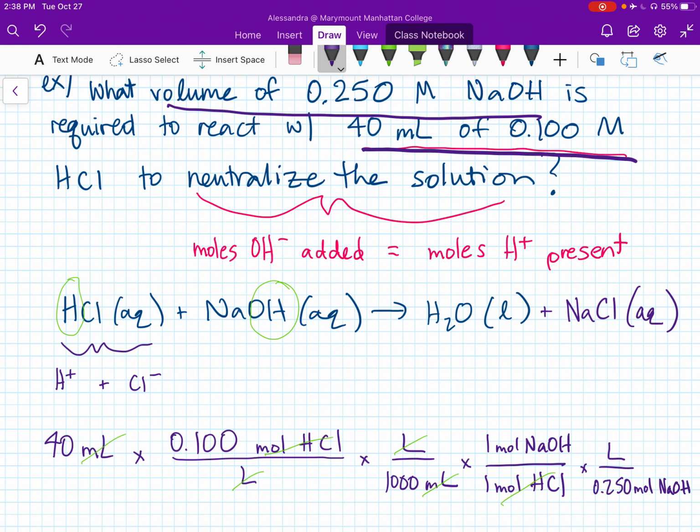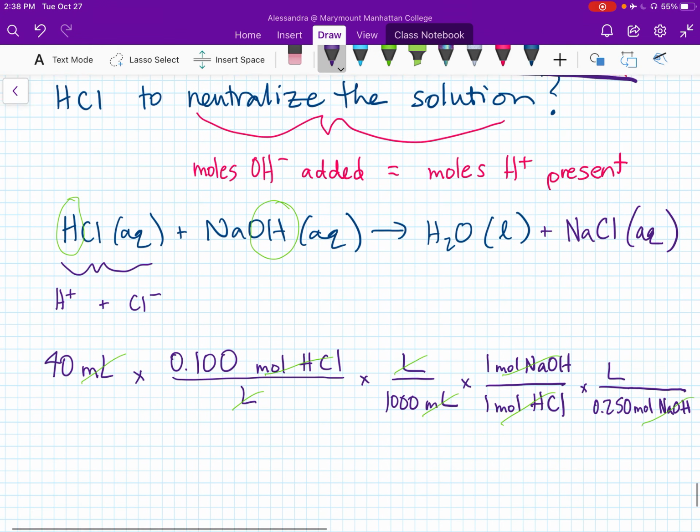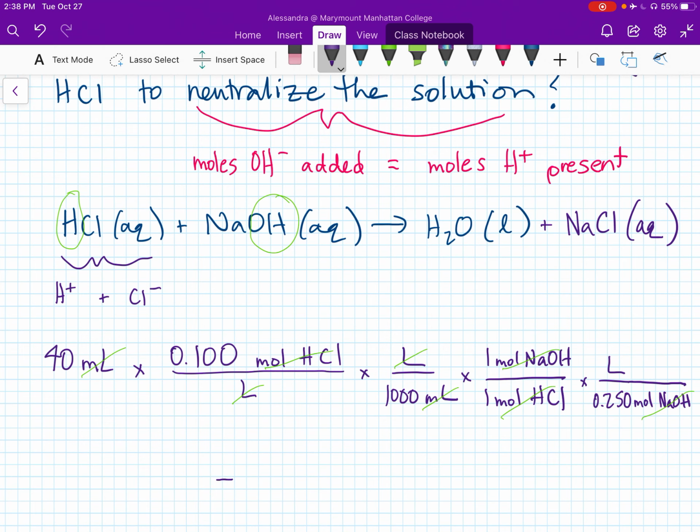This is moles of sodium hydroxide. And that will give me the volume of sodium hydroxide in liters. So this is one long string of things, but it is successful in giving me what I want, which is 0.016 liters of the 0.250 molar NaOH solution.